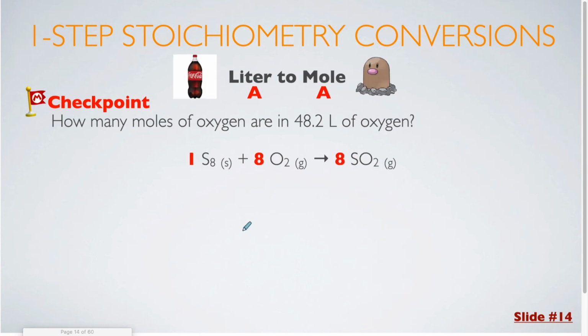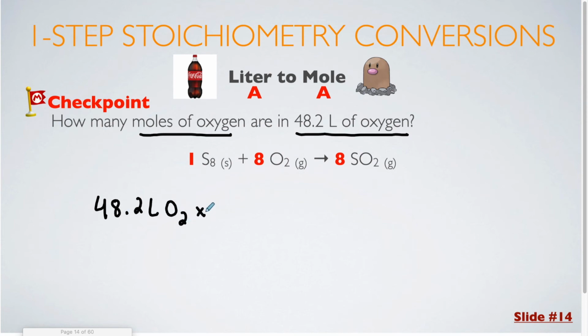All right, for our next checkpoint question here, we are starting off with 48.2 liters of oxygen, and we are trying to find moles of oxygen. So since we have the same substance, this is another one-step conversion. I'm going to write out my 48.2 liters of oxygen, which is O2.